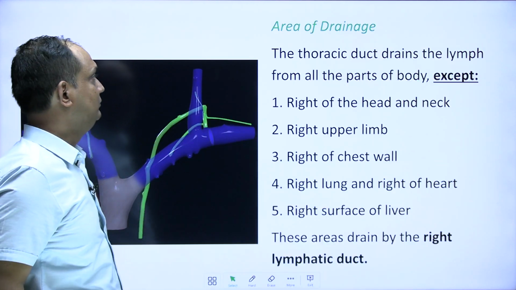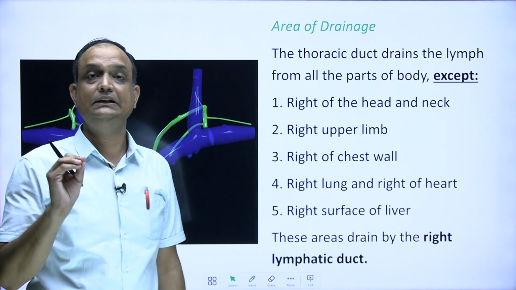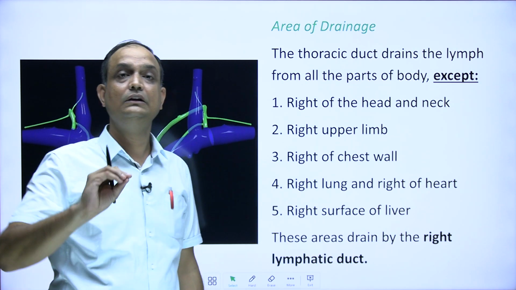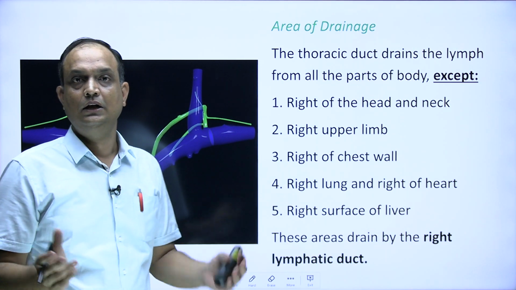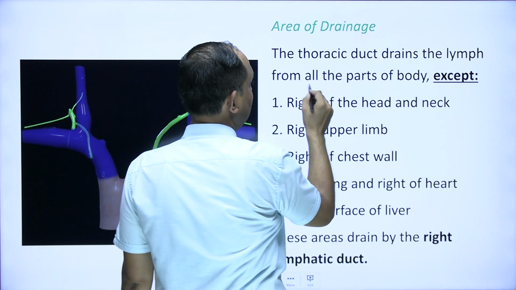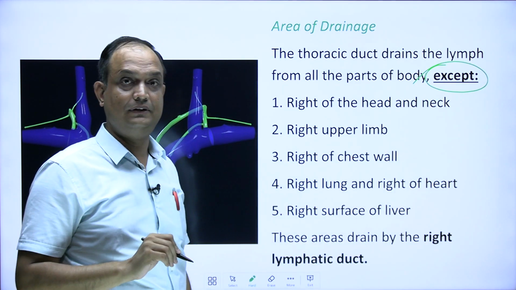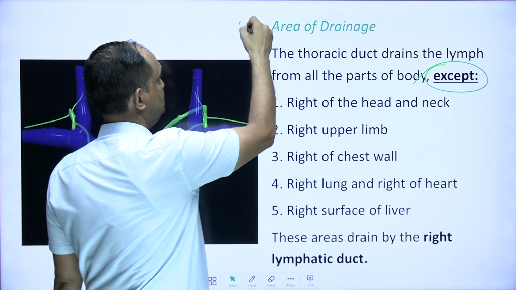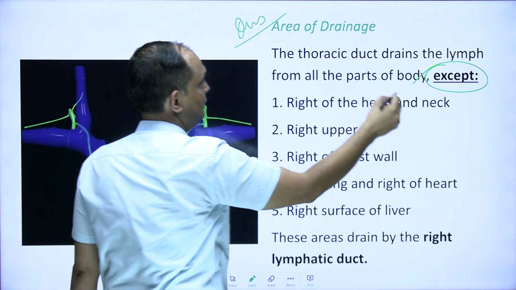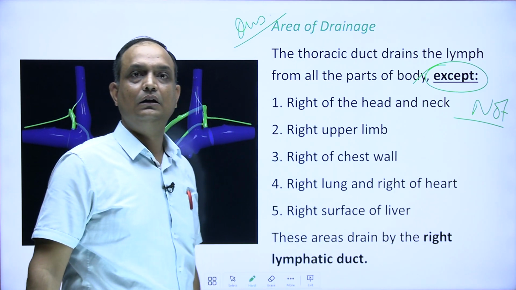Clear? Now when you are talking about the area of drainage, I am saying that the thoracic duct is not draining the whole area. You have to understand that the thoracic duct drains all parts of the body except a few areas. And what are these areas? This is the question: the structures which are not drained by your thoracic duct.